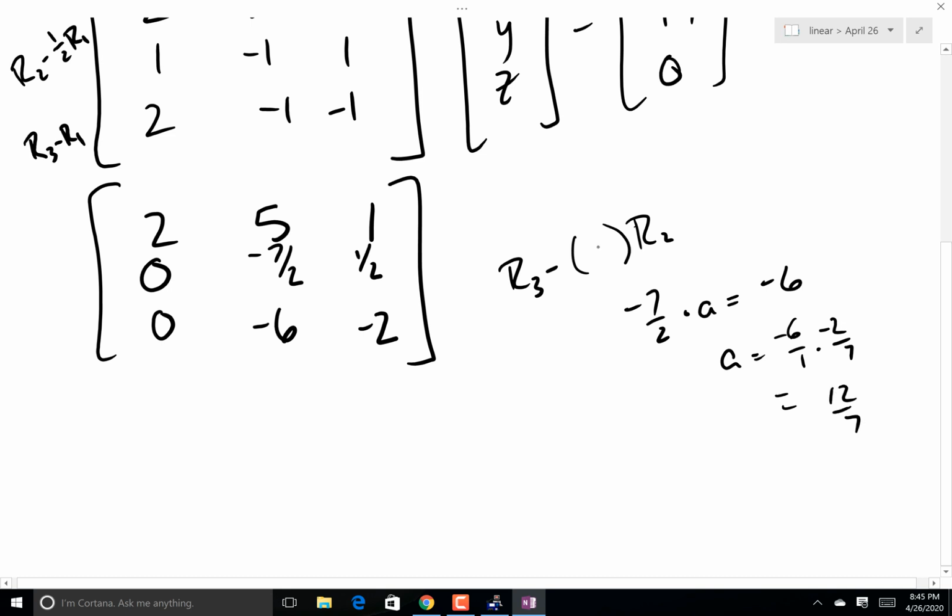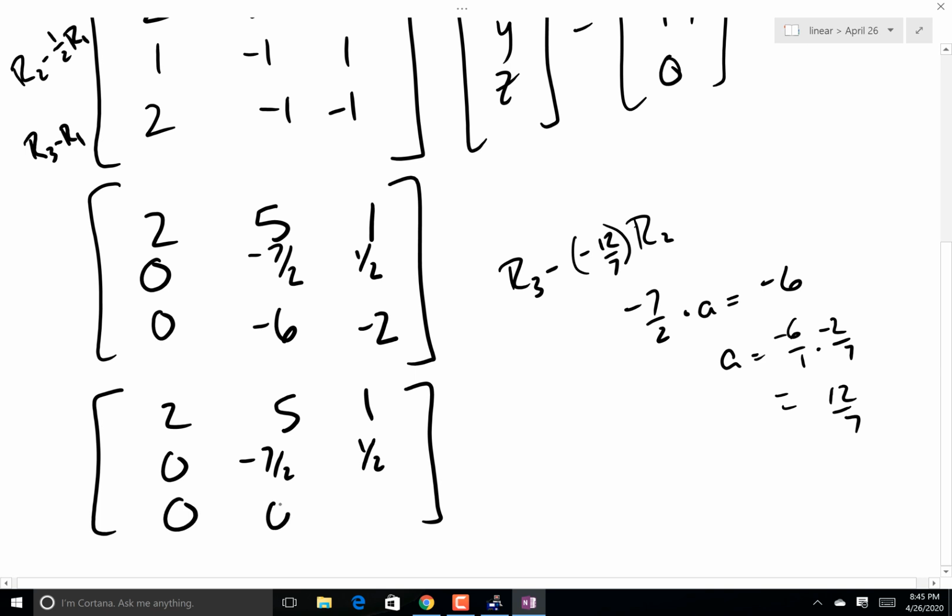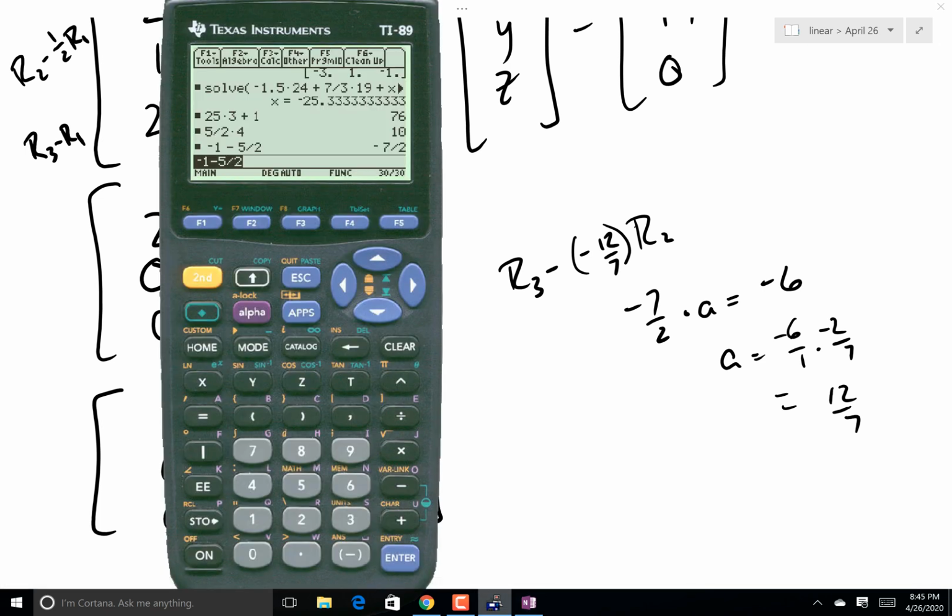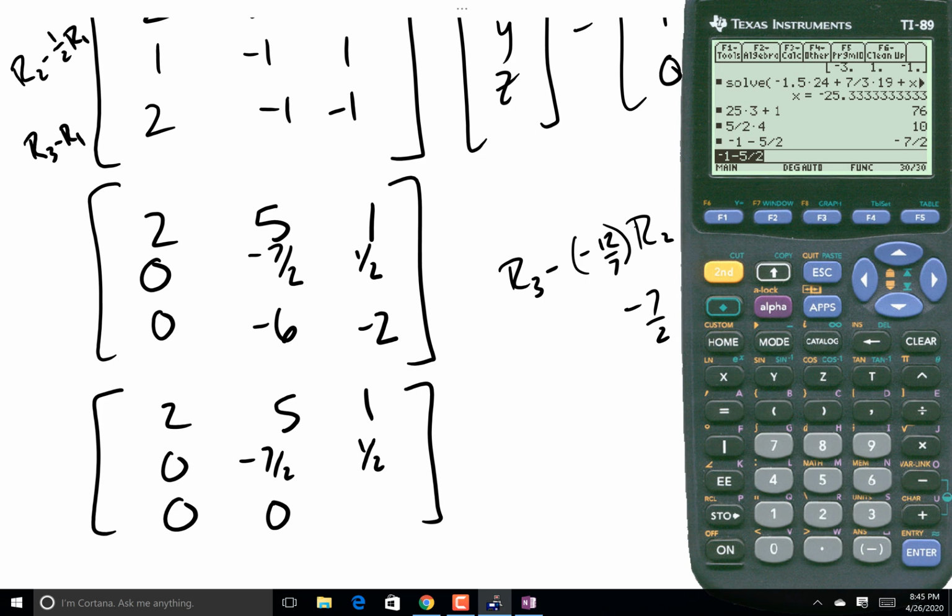So we need to multiply by negative, and so we're going to end up adding, of course. But here we go. It's going to be 12 sevenths. Is that right? Yep. Because if I do that, I will get what I'm looking for. And so I will get 2, 5, 1, 0, negative 7 halves, 1 half, 0, 0. That better be true anyways.